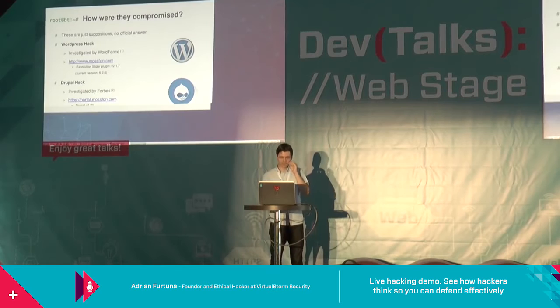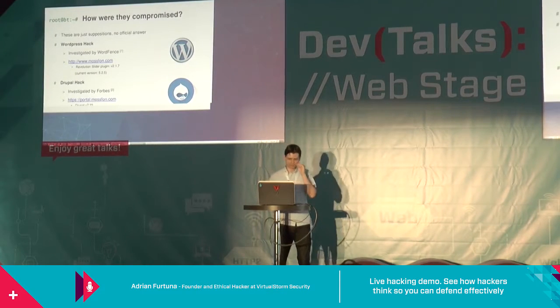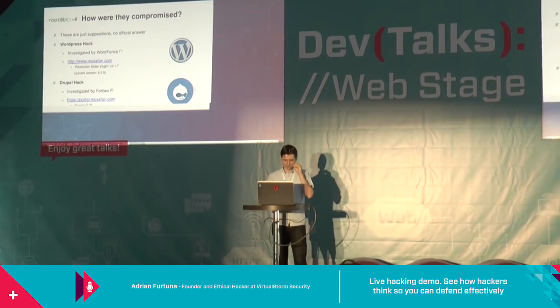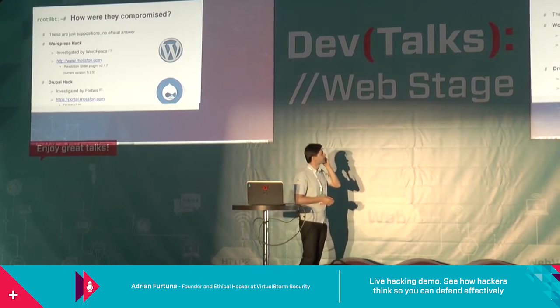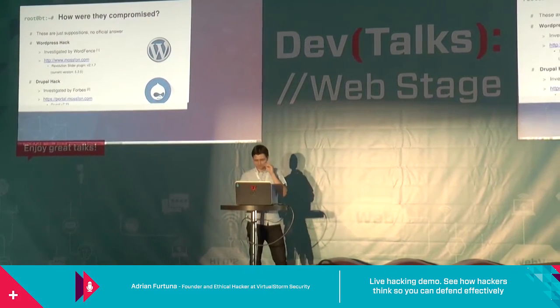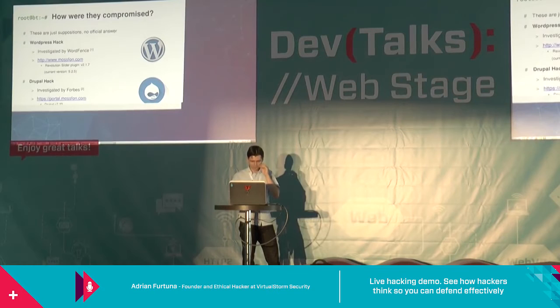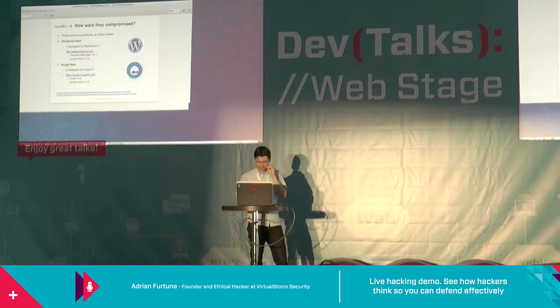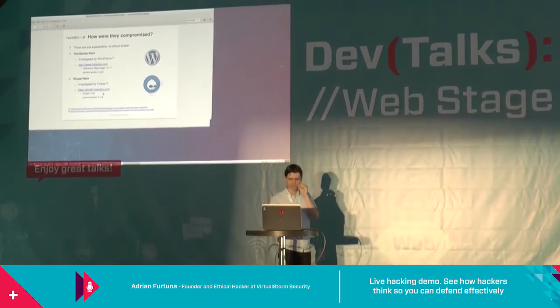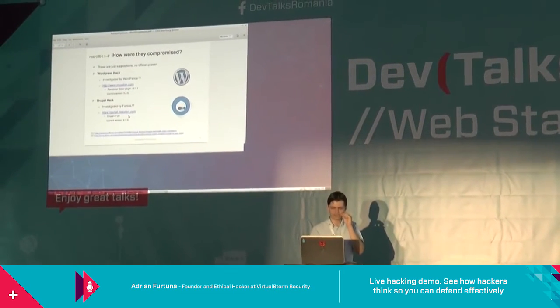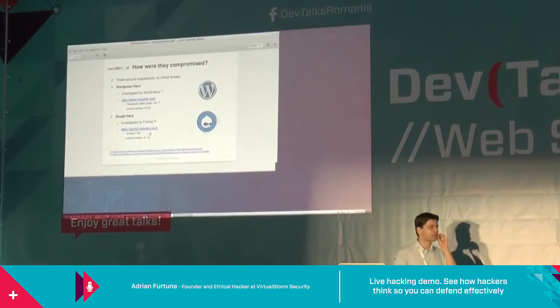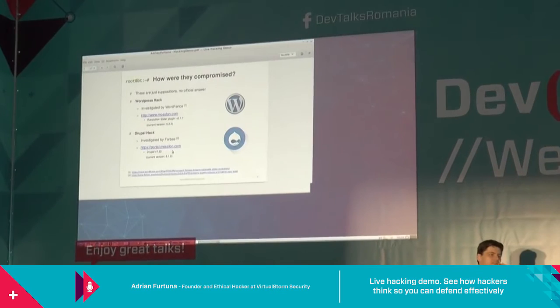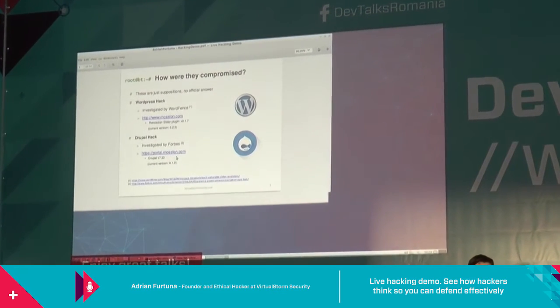Furthermore, another company, Forbes, which is well known, found out that a portal of these guys, portal.mosfon.com, was running Drupal version 7.2.3. How many of you have configured and installed Drupal until now?